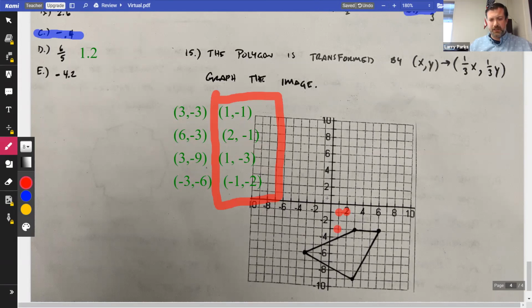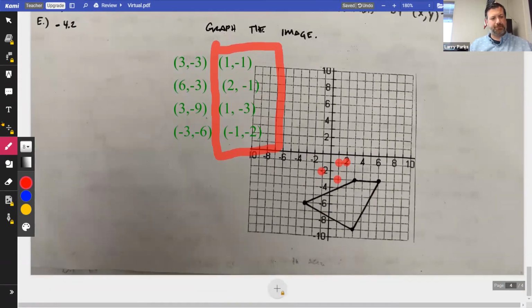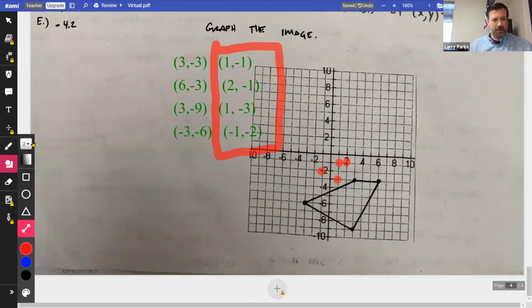And -1, -2 right there. I got from here to here. Okay, kind of hard to see, but notice the figure just got 1/3 as big.